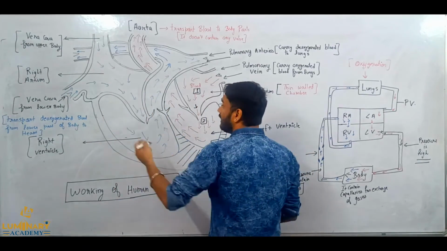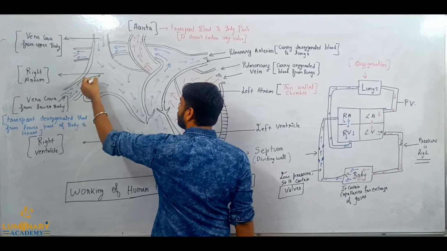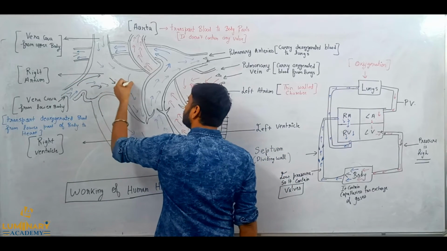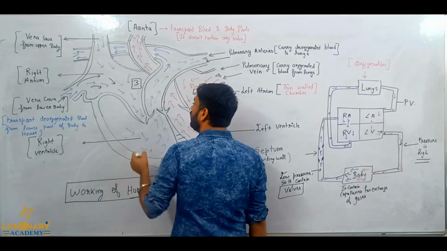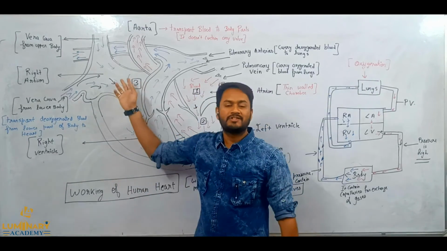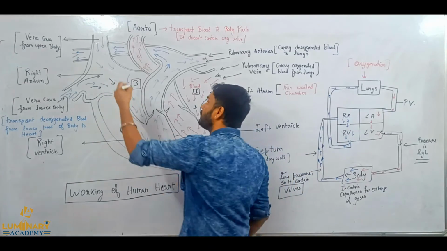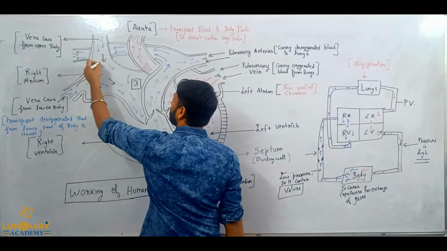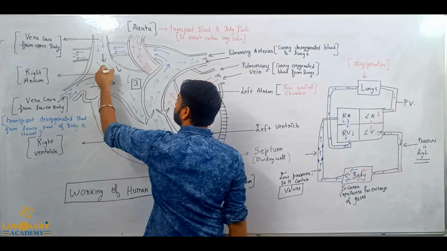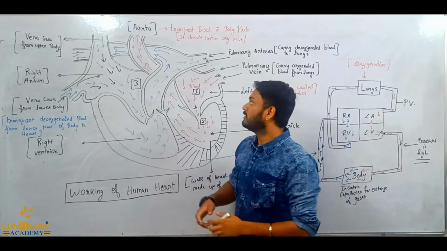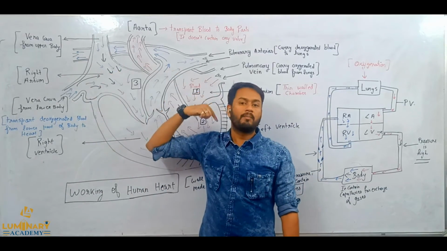Thereafter, after entering the vena cava, the blood finally reaches the third chamber, that is called the right atrium. Here the blood enters, and from the upper part also, through the upper vena cava, deoxygenated blood comes from the upper part of the body.